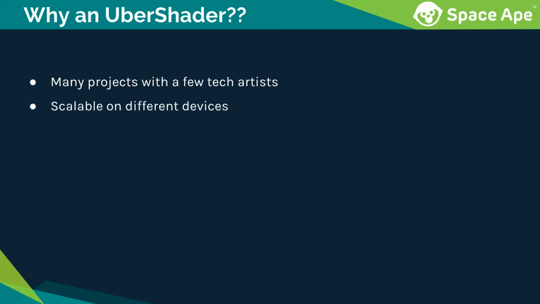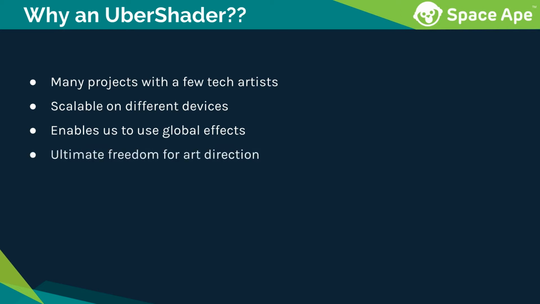So we wanted something that's scalable as well, because we distribute games on the lowest end devices to some shiny new phones, and we needed something that can scale on everything. It also enables us to use global effects. It's very important. When you have the same shader on everything, you can do all kinds of cool things, which we'll show later. And we wanted a lot of freedom for our direction as well. So the different lighting models definitely help with that.